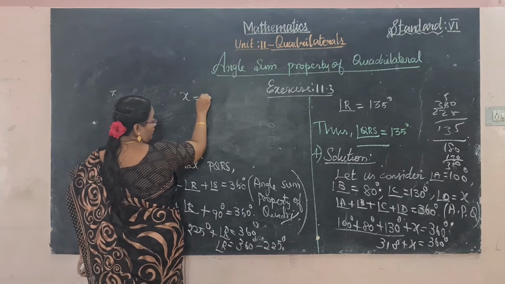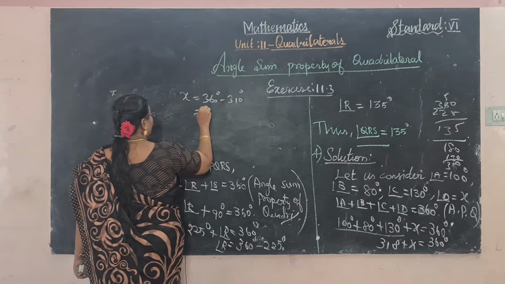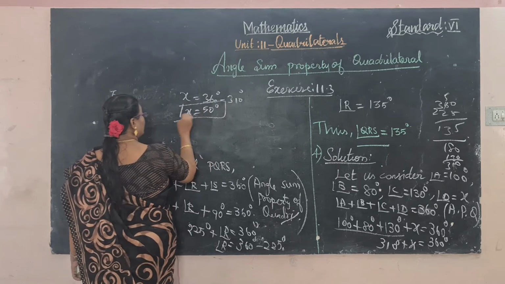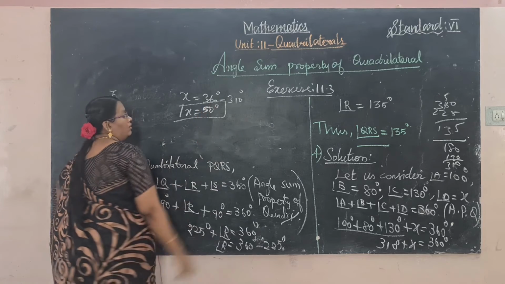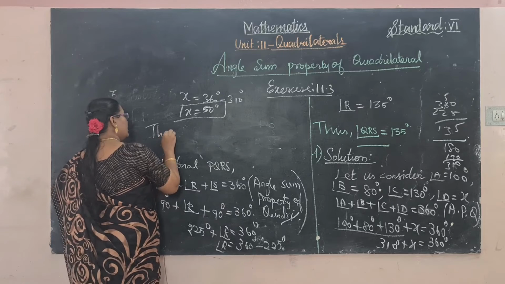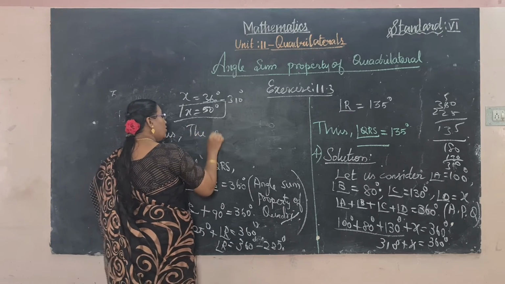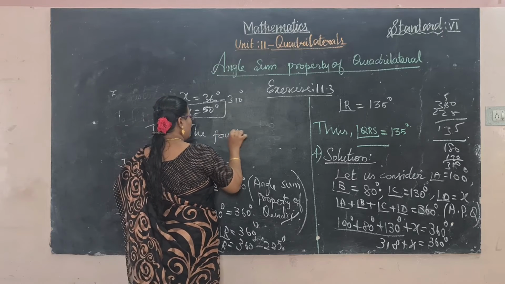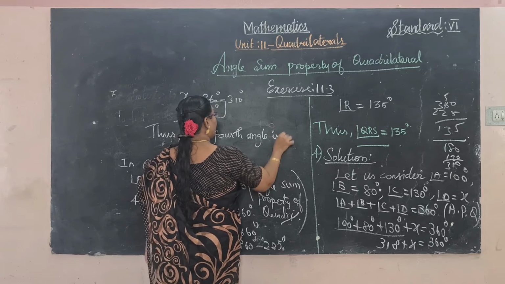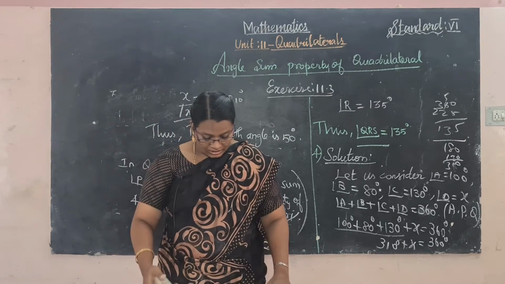So x equal to 360 degree minus 310 degree, we got 50 degree. So x equal to 50 degree. Thus the fourth angle is 50 degree.